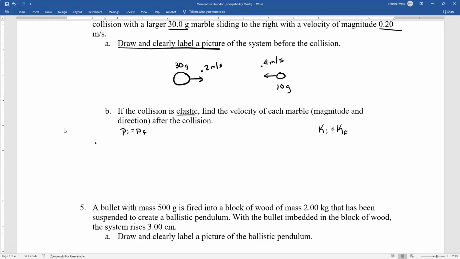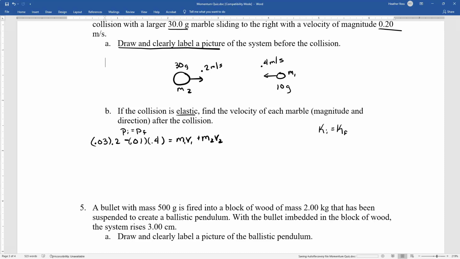So initially we have 0.03 kilograms times 0.2, minus, because it's going to the left, 0.01 kilograms times 0.4, and that's going to equal our mass times velocity. I'm going to call this marble 1, marble 2. So marble 1, velocity 1, plus marble 2, velocity 2.